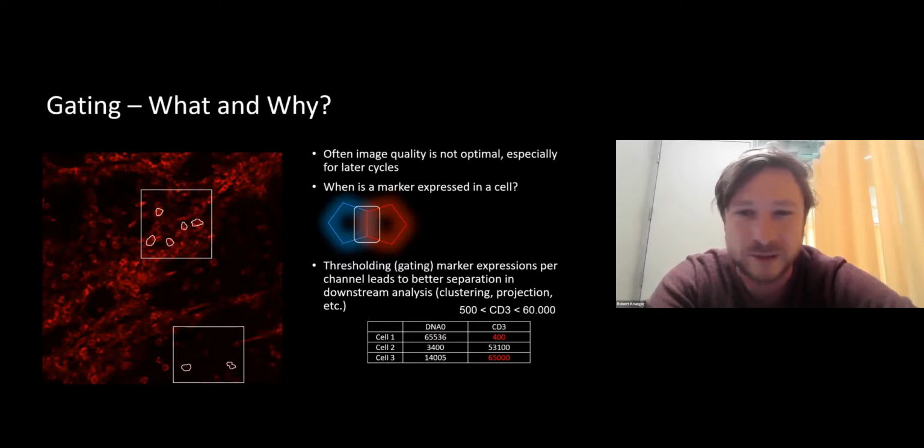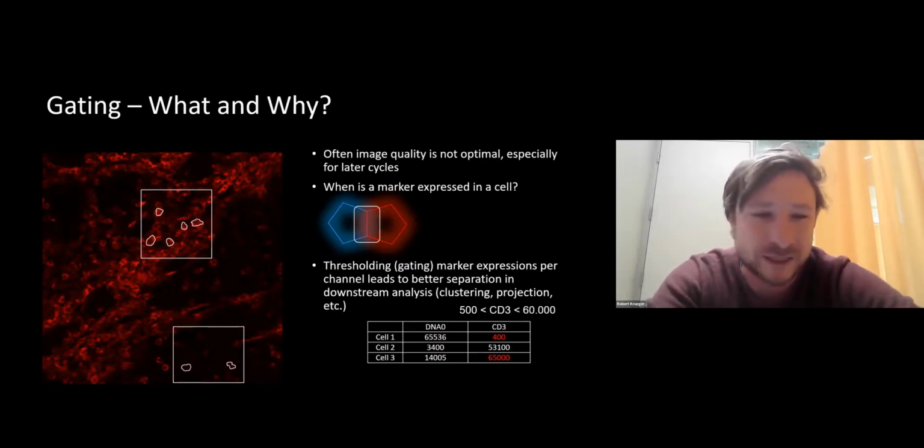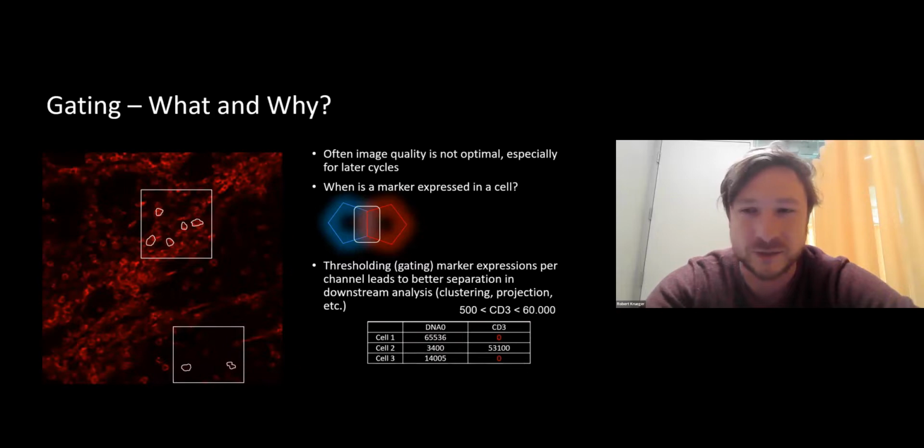Because when it's lower, then we don't really consider that to be expressed. And when it's higher, depending on the data set, it could mean the bleaching didn't work well, or there's a certain artifact. So when we apply that, we could set cells where we think the marker is not expressed to 0.